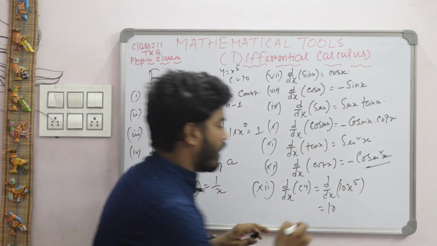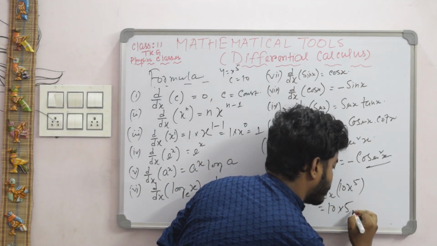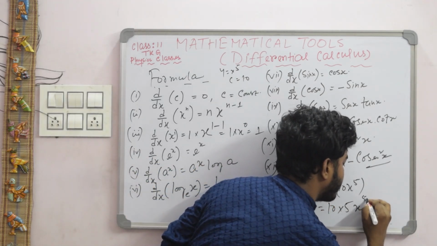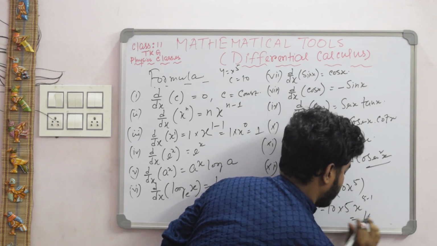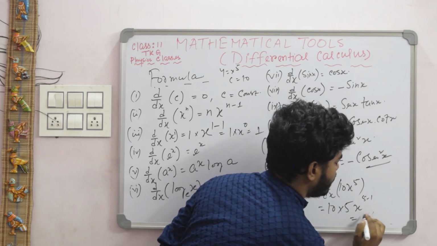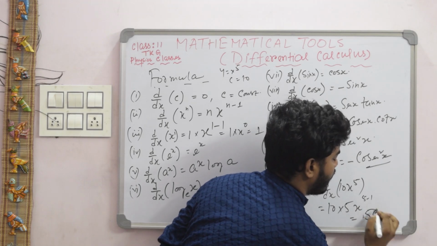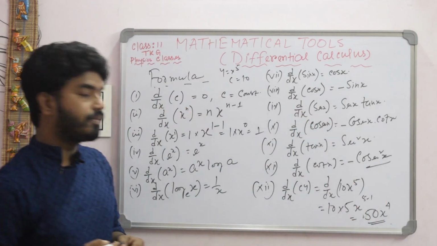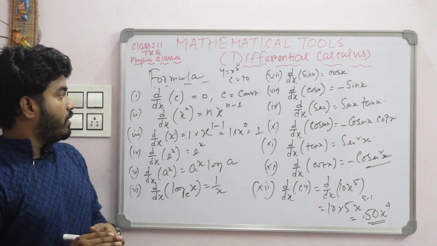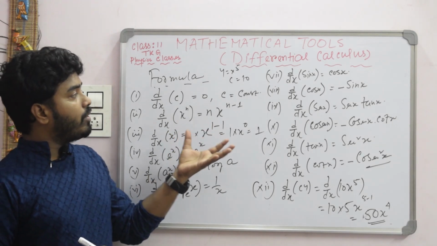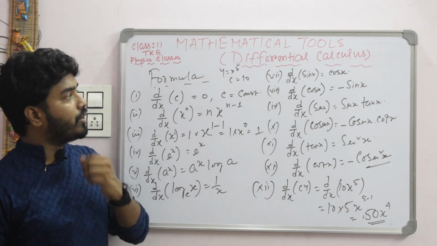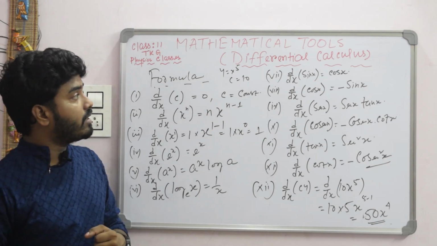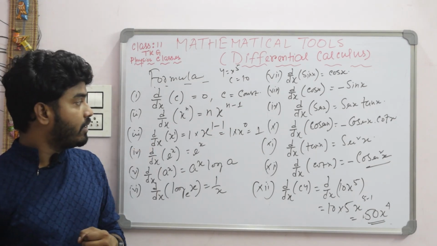That means 5 comes first, then the power of x becomes 5 minus 1. So the answer is 5 into 10, that is 50, x to the power 5 minus 1, that is x to the power 4. Okay. So this is all about the basic formula which is required in physics in the motion in a straight line chapter.